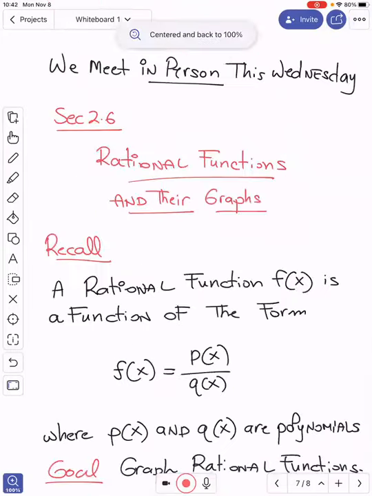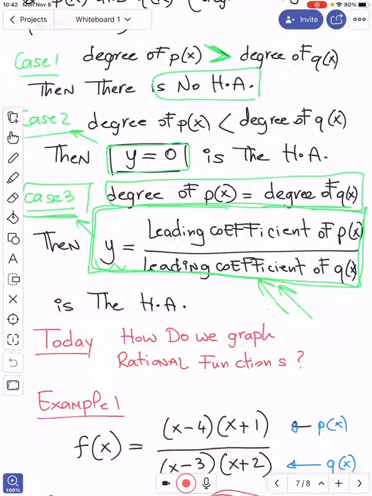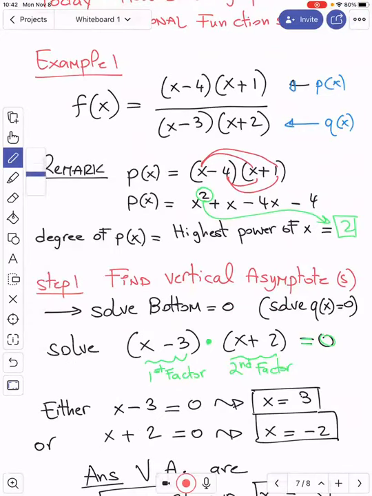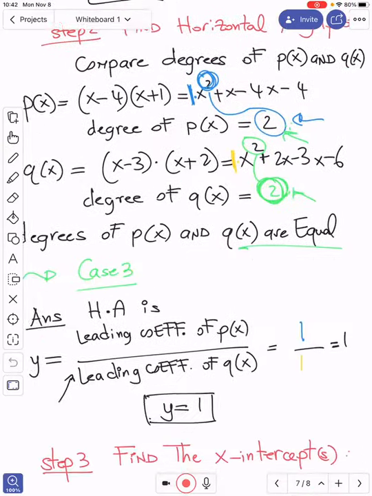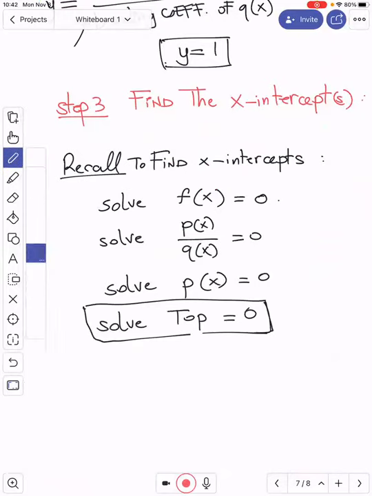For the vertical asymptote, we solve the bottom equal to 0. For the x-intercept, we solve the top equal to 0. That's always the case. Whenever you have a rational function and you want to find the x-intercept, just solve the top equal to 0.